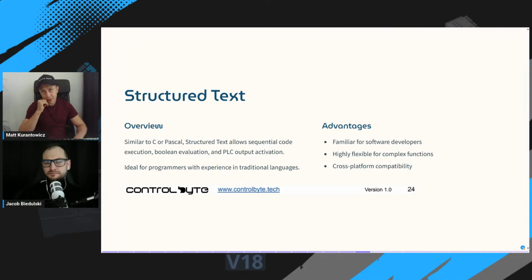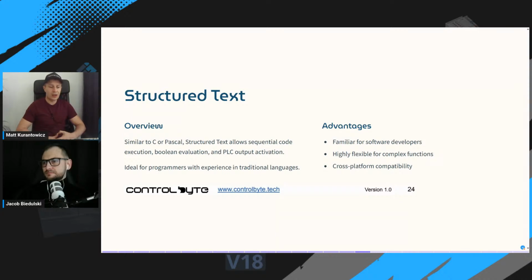The next language is structured text. It is similar to C or Pascal. You find structures like if, else, or loops, for or while. And we have some advantages, like it is familiar for software developers who know Python, C. It is highly flexible for complex functions, and I see the next advantage.